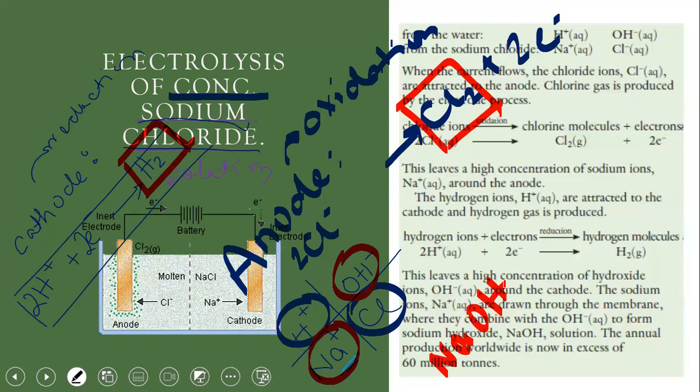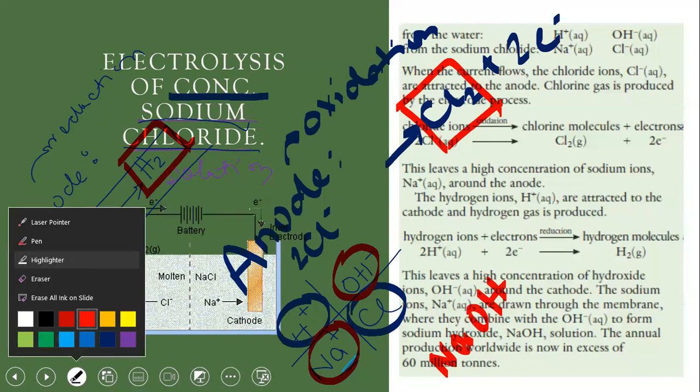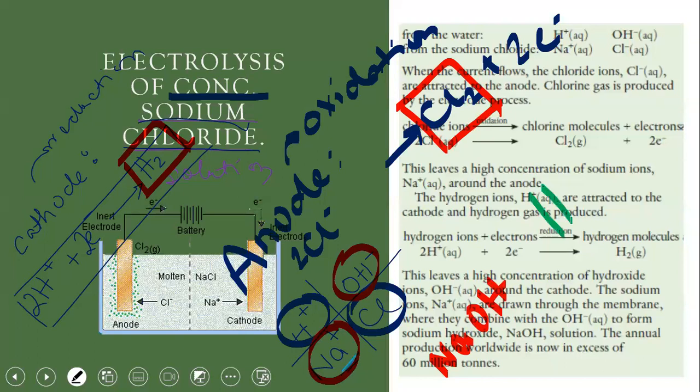So at the end of this process, I have 3 products. I have hydrogen gas, I have chlorine gas, and I have sodium hydroxide. So we have 3 things. This process is done at an industrial level.